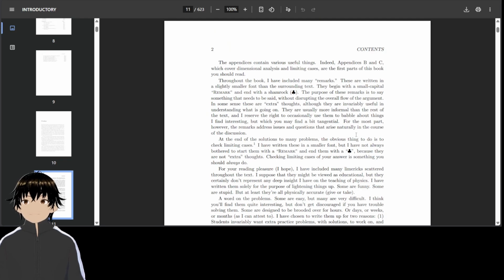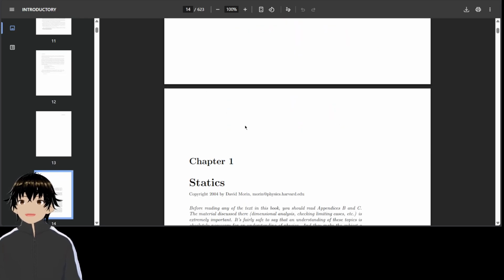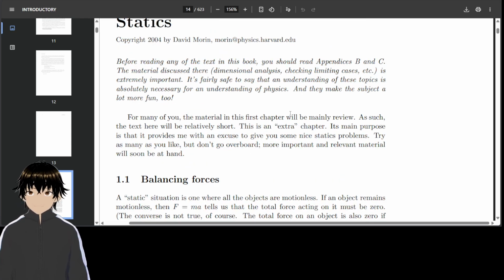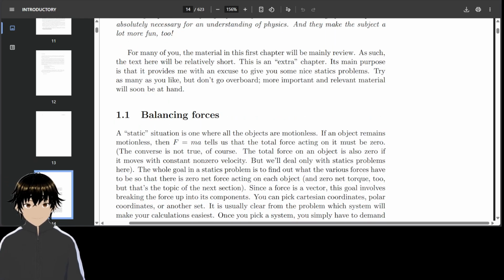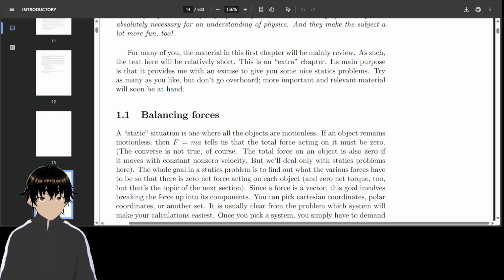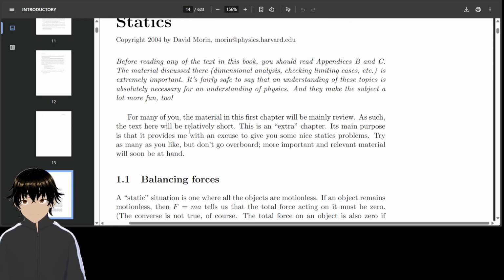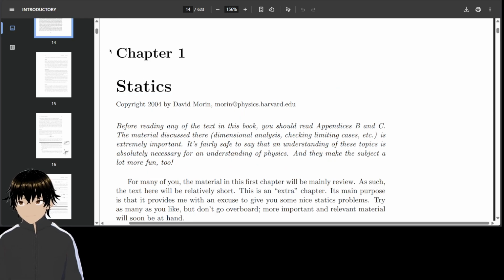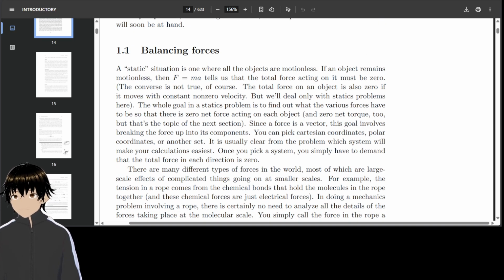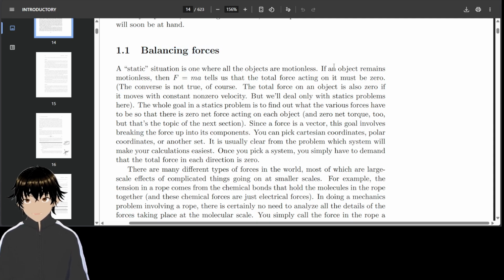Let's start with the basics first, like a conceptual background. Let's start with chapter 1, statics. Number 1, balancing forces.